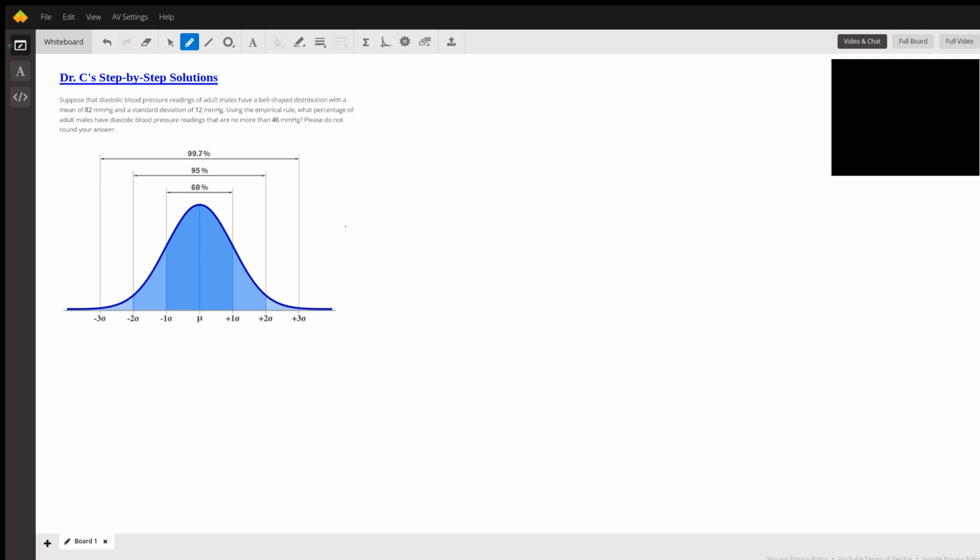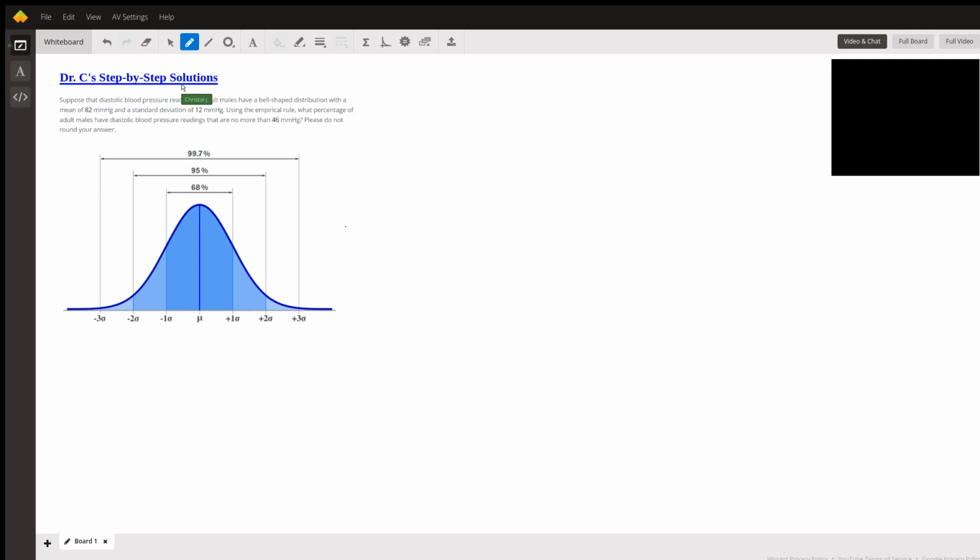Also, between negative and positive one standard deviation is about 68% of the data, between -2 and +2 standard deviations is 95% of the data, and between -3 and +3 standard deviations is about 99.7% of the data.